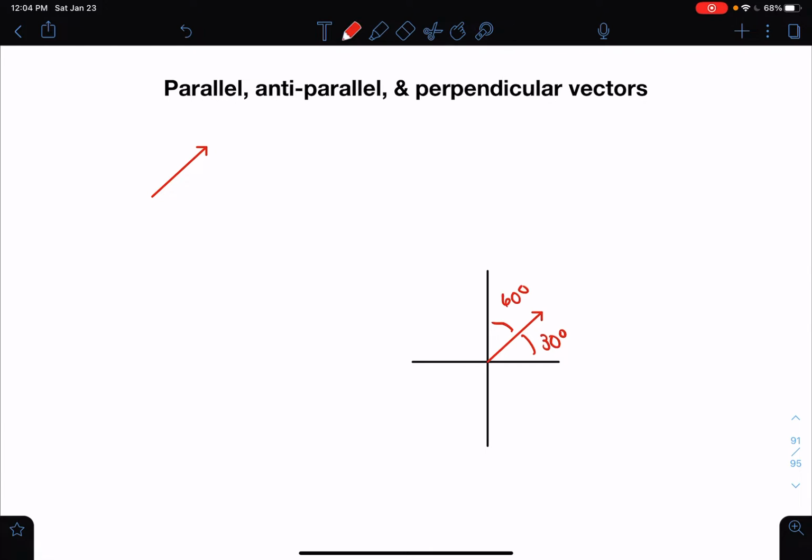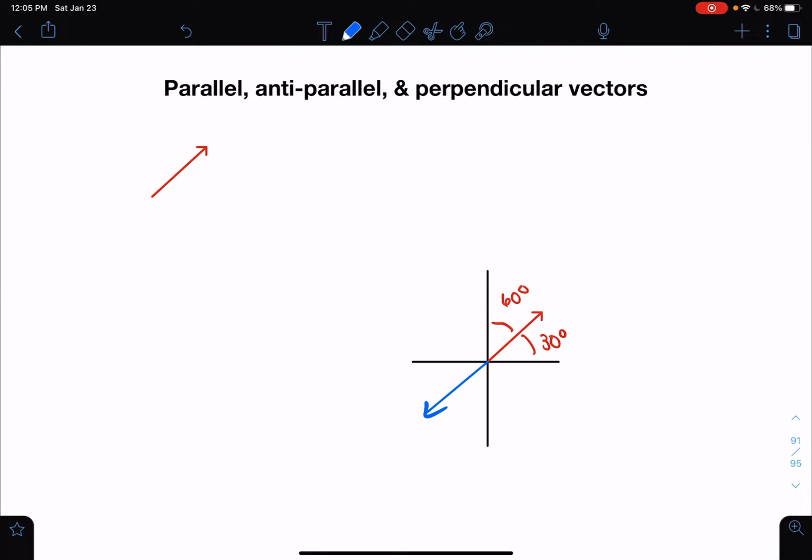Now, antiparallel is the exact opposite direction. So an antiparallel vector is going to be pointing in the exact opposite direction. There we go. These two vectors are roughly antiparallel. I only say roughly because I was eyeballing it. But if they're truly antiparallel, the angles to the horizontal and vertical should be the same.